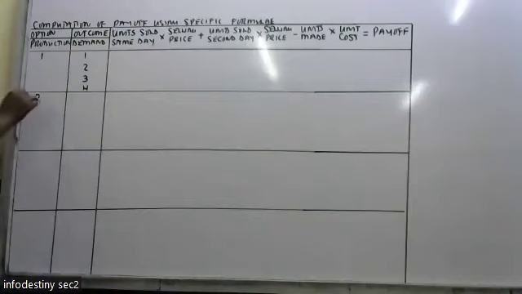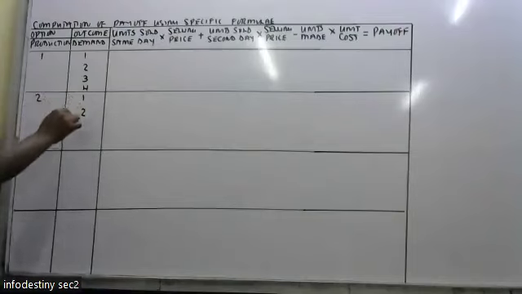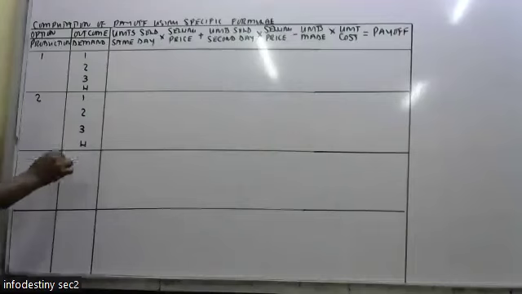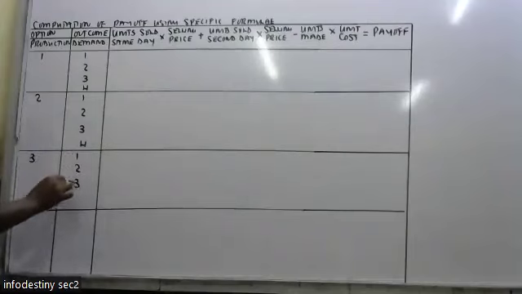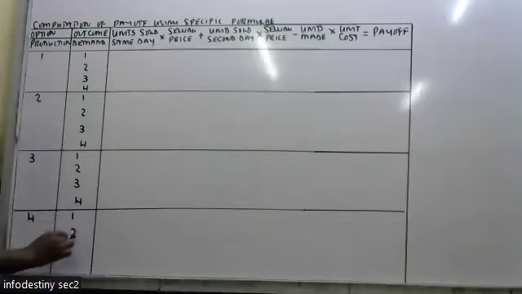He can decide I'm baking 2 cakes, but demand can be 1, 2, 3, 4. Or he decides I'm baking 3, but demand again can be 1, 2, 3, 4. He decides I'm baking 4, but demand can be 1, 2, 3, 4.